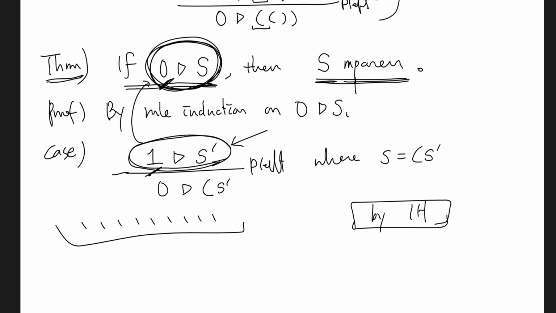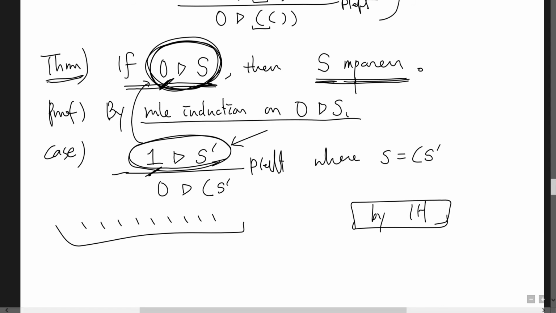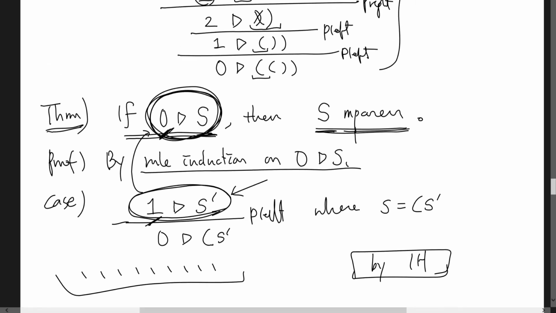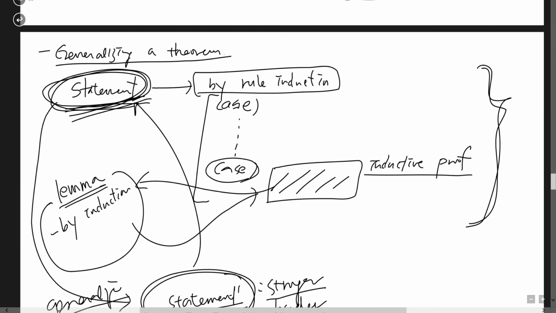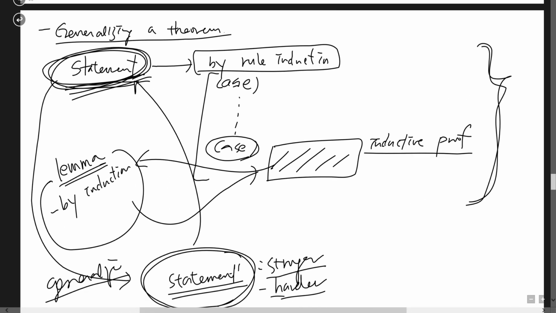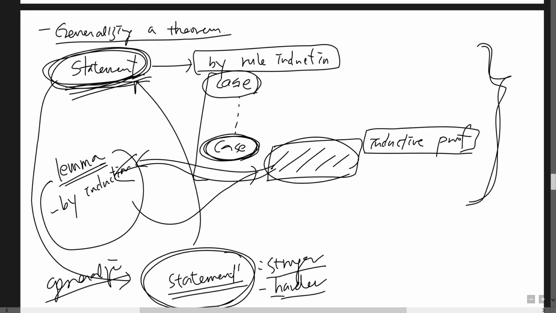Because we cannot apply rule induction, it doesn't help to introduce a lemma here. Remember that introducing a lemma works best when the subcase requires an inductive proof for itself.